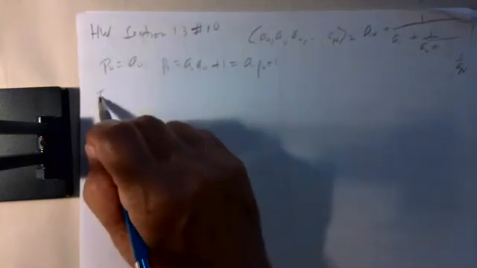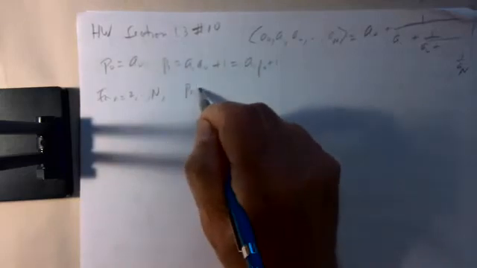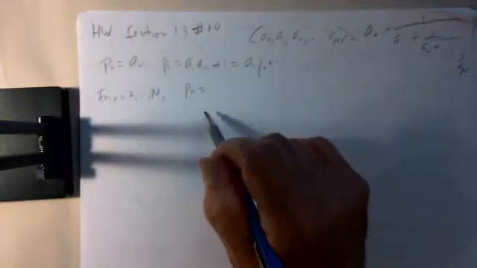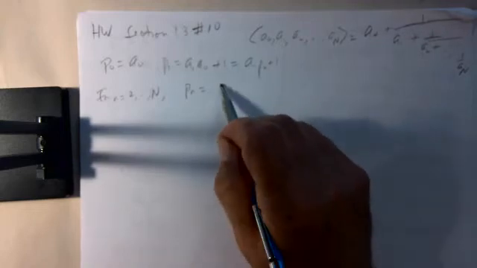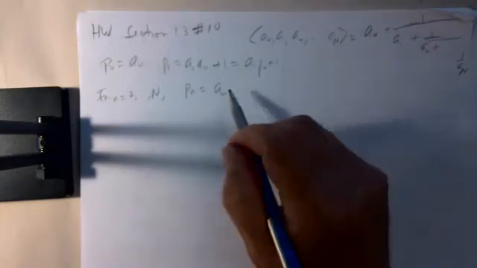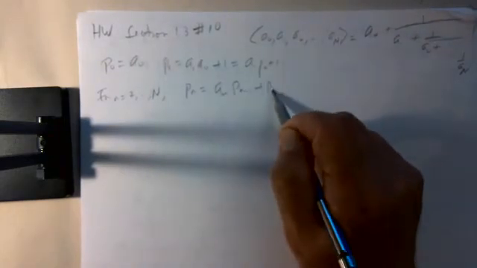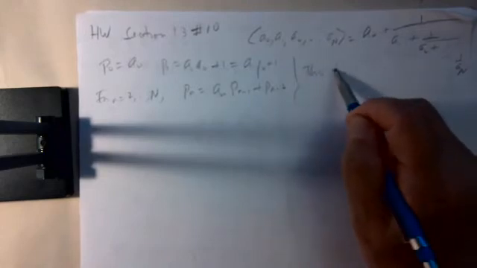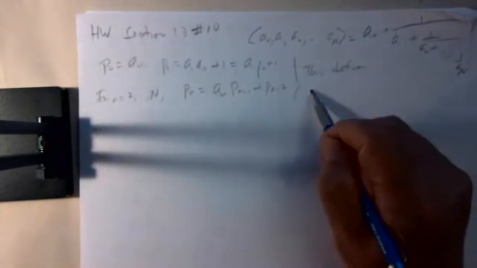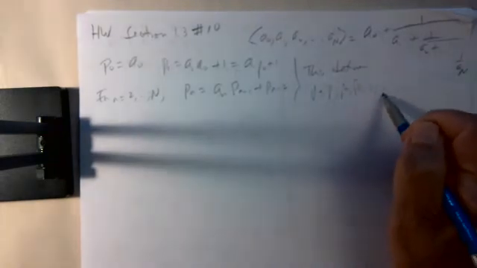And for n going from 2 up to capital N, P sub n is defined in terms of the previous values of the P's, a so-called recursive definition. It's An, the nth term of the continued fraction, times P(n-1) plus P(n-2). So this defines a sequence of integers P0, P1, P2, P3 up to P sub capital N.